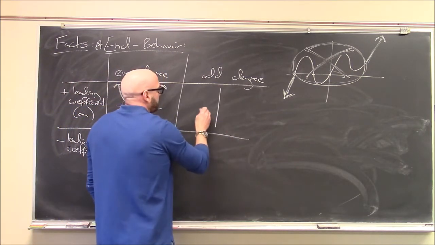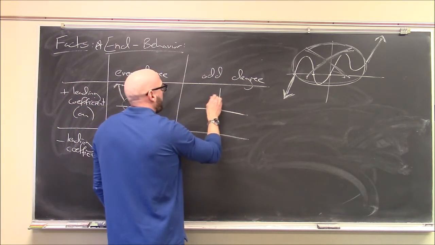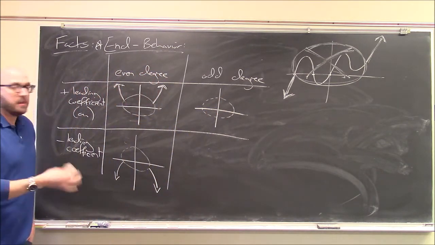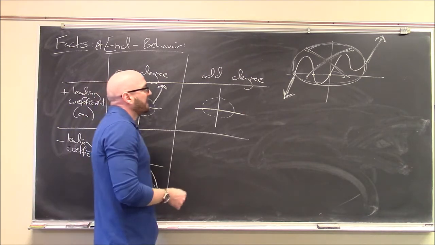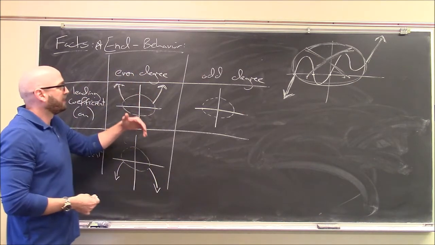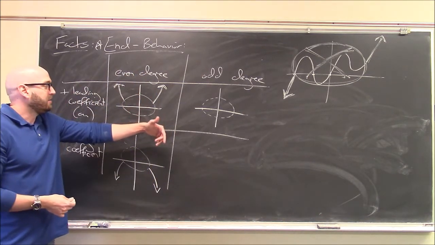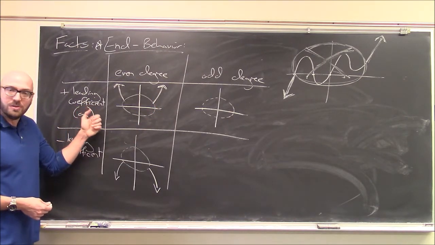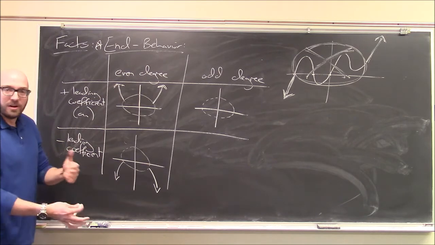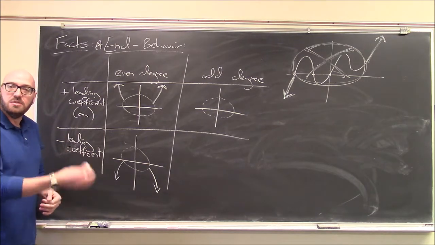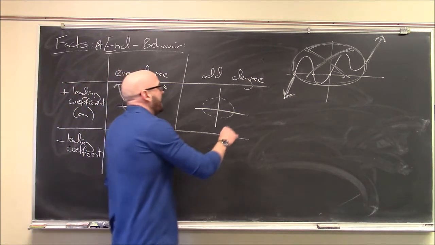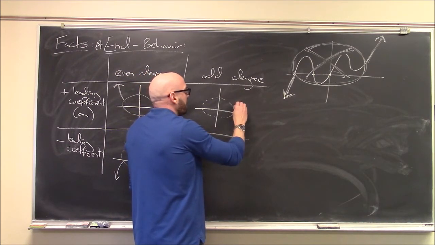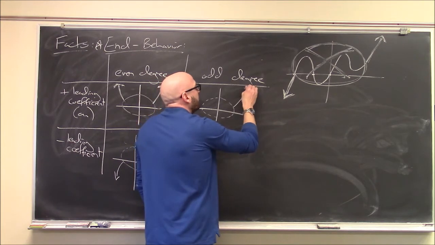Odd degree. Odd degree, for very large values of x. Where is this coming from? For large values of x, it's really just the leading term that matters. The biggest powered term matters, because for large values of x, that's going to be absolutely huge compared to all of the other terms. When you take a large positive number and raise it to an odd power, it becomes very, very large.